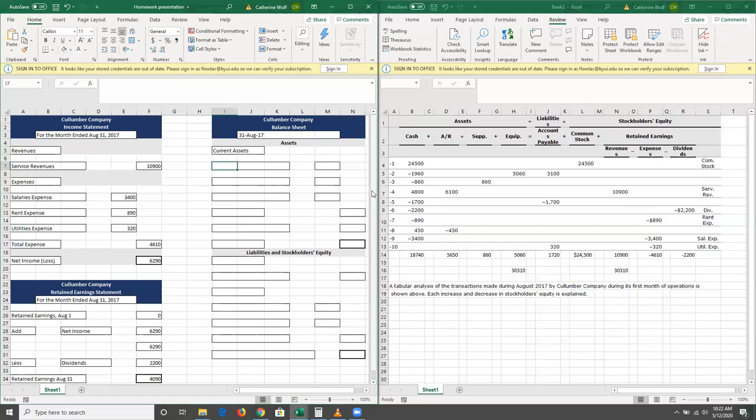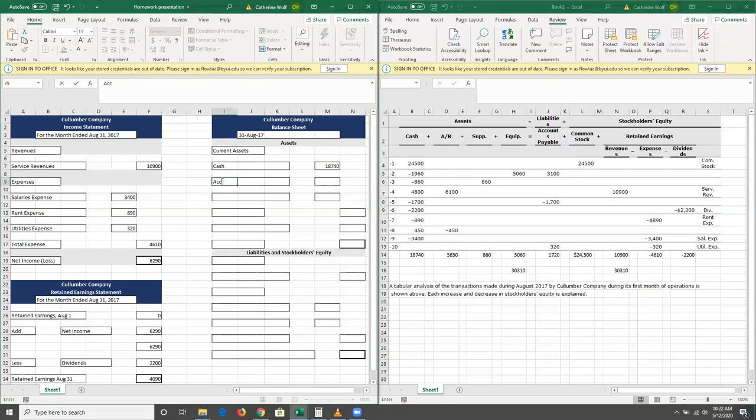Alrighty. Now, your first current asset is going to be by the order of liquidity. So obviously, the thing that you can most quickly turn into cash is, of course, cash. And if you look, because I already added everything up right here, we can very easily see that the amount of cash at the end of the month is $18,740.